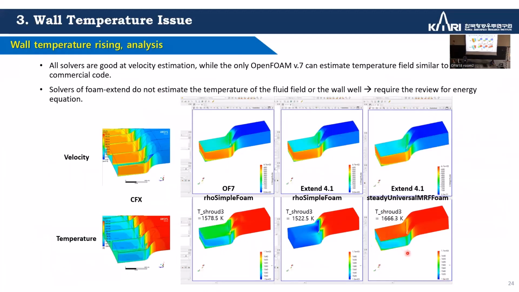The temperature in the flow field looks good, but a little bit different because the kinetic energy is wholly not considered. That's why I corrected the kinetic energy into the equations.